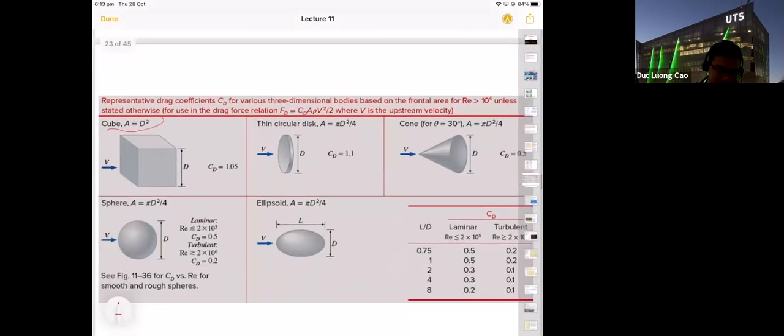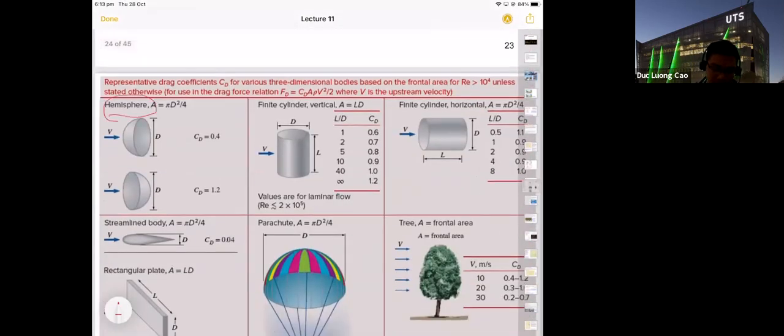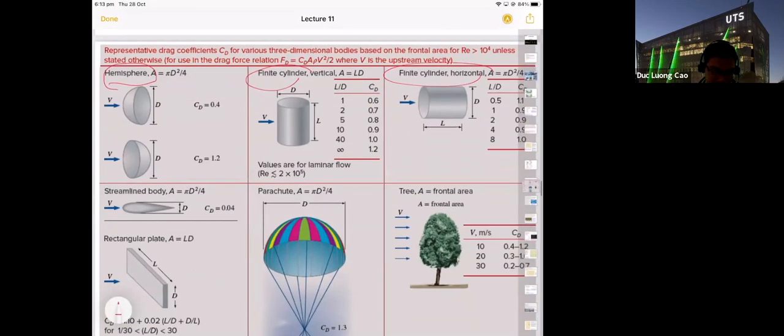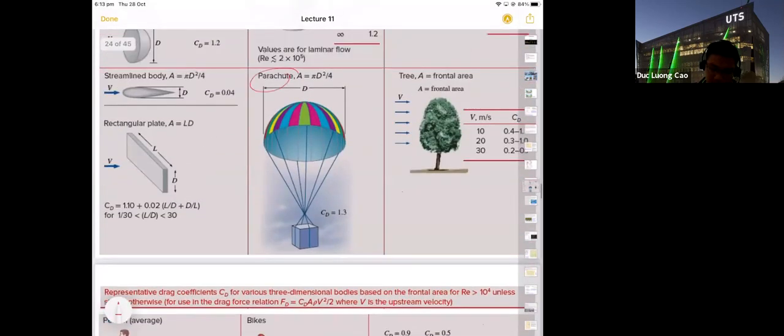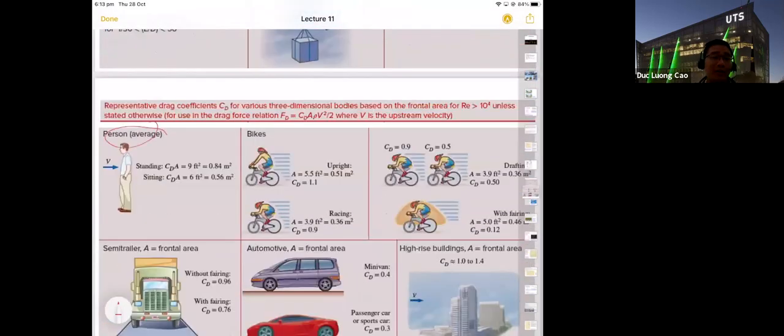Here 3D: the cube, the sphere, ellipse. We have so many objects here. With one object we have different CD for streamlined body, for the parachutes, for the tree, for the person. This one depends on the person, but this one is the average.